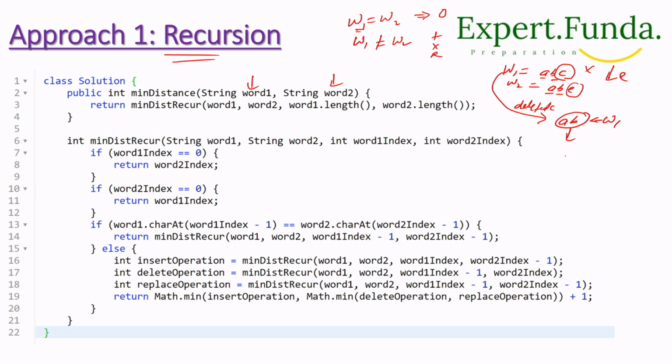Now we insert E, and after inserting it becomes ABE, correct? Or else we can do a direct replace: ABC becomes ABE, and here there is only one replace.